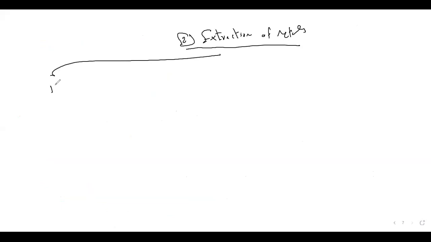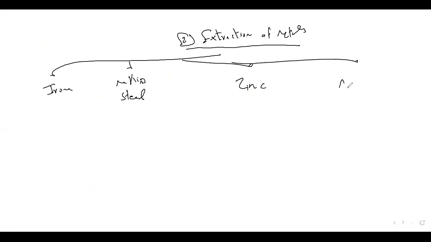After that, extraction of metals. In extraction of metals, we have extraction of iron and then making steel, extraction of zinc, and extraction of aluminium.